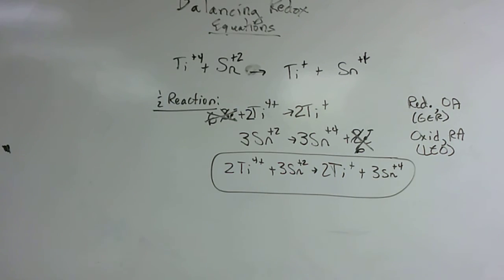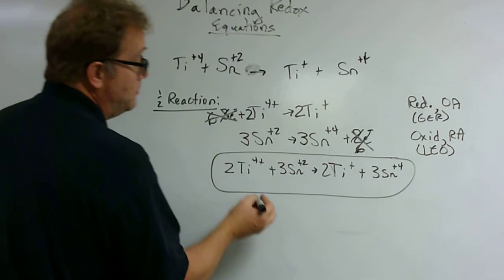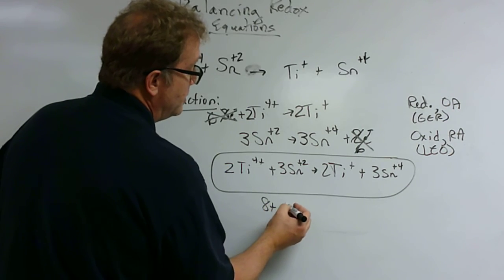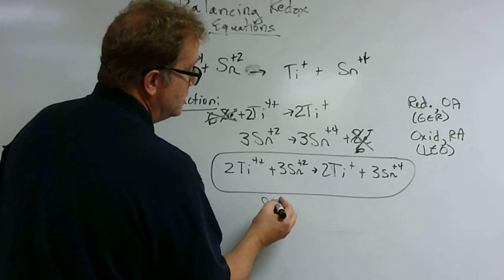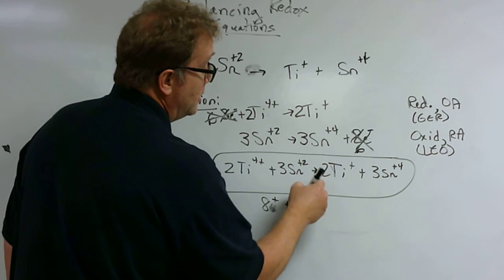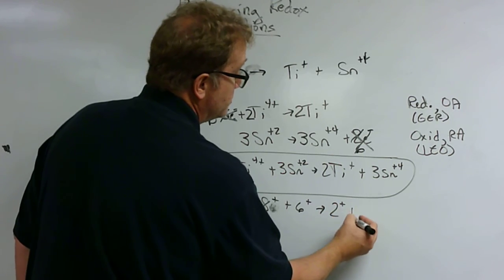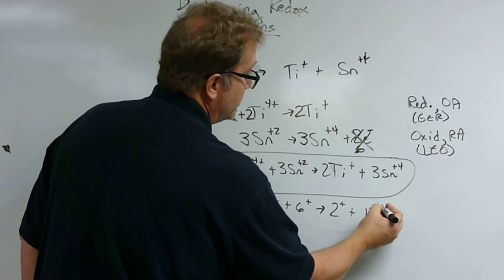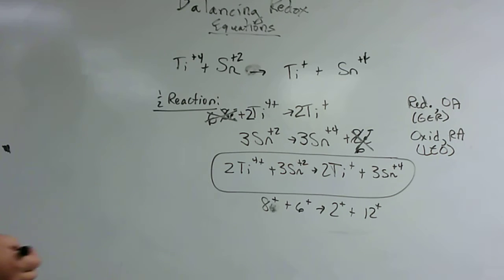So again, if you check both sides, I've got 2 Tis both left and right, 3 Sns left and right. I've got 8 positives here, plus 6 positives here. I got 2 positives here, plus 12 positives here. 14 pluses on the left, 14 pluses on the right.